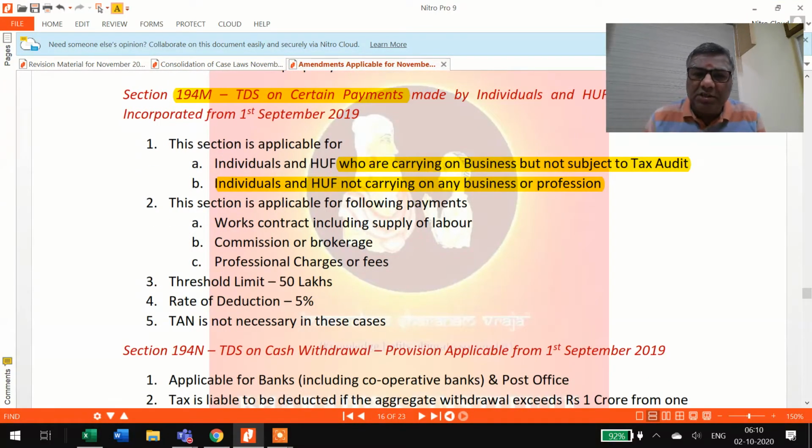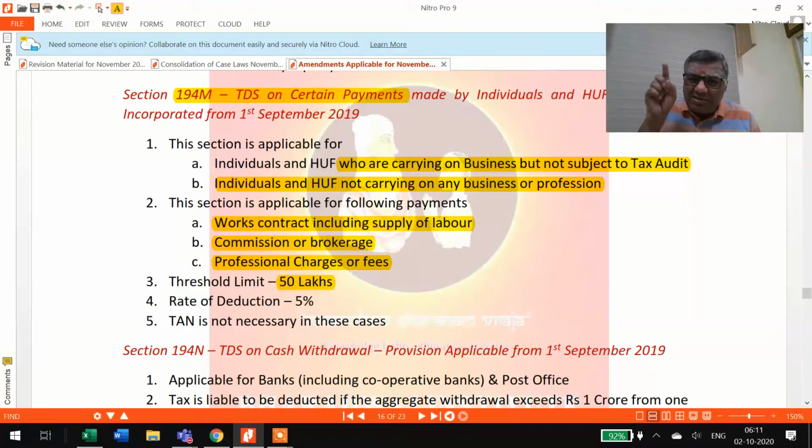This section is applicable for the following payments: works contract, including supply of labor, commission or brokerage, professional charges or fees for technical services. All these things are included with a very large limit. Okay, threshold limit 50 lakhs. Individual not in profession, threshold limit 50 lakhs.